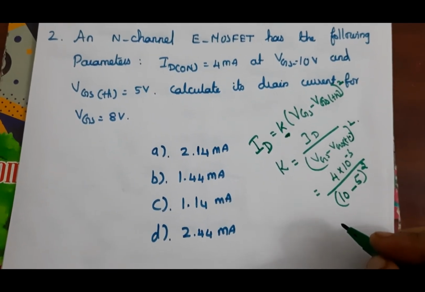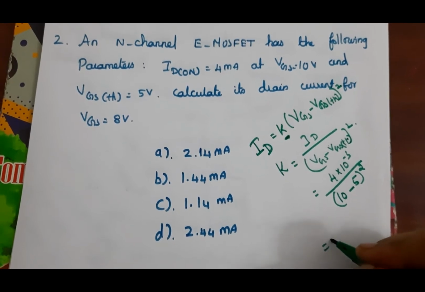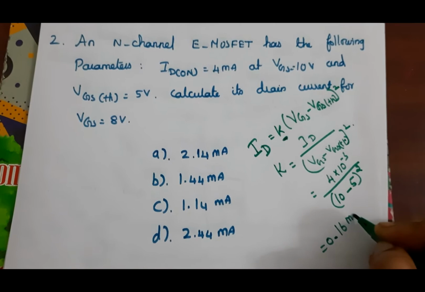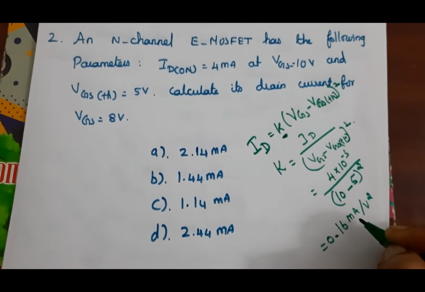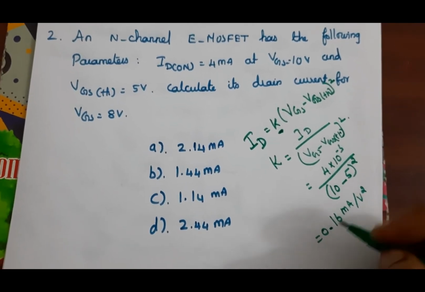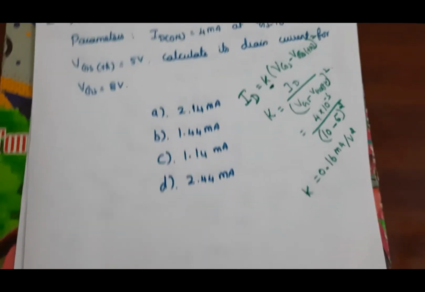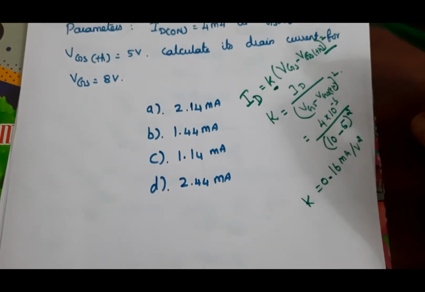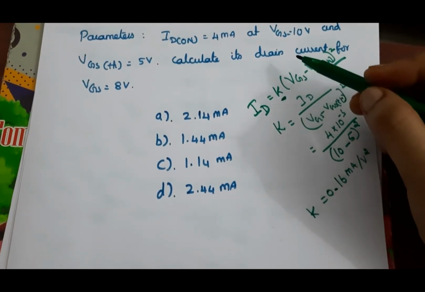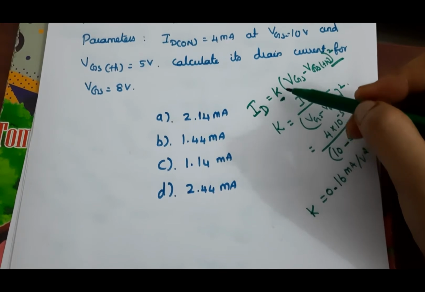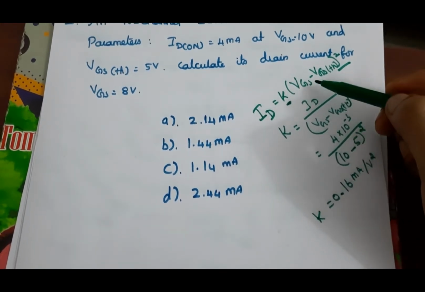So solving this we will get 0.16 milliamps divided by V square. So now we get this K value, and again using the same equation, when this VGS is equal to 8 volt, find the ID value. Now we know the K value. This K value is common for all VGS values.